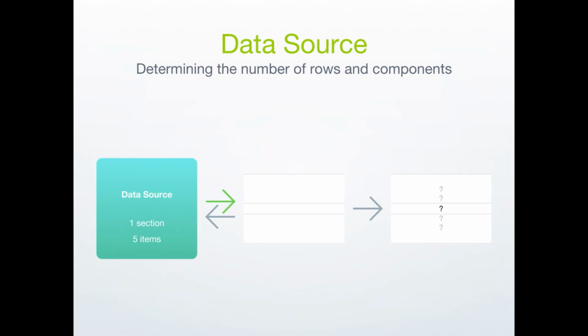So the first thing we need to do is provide a data source. And a data source is going to say, well, how many sections and items do I have? And that information then gets returned to the picker view. So if our data source says that we have one section and 5 items, we have one section, also called a component, and we have 5 items in that one component. And again, a picker view can have multiple components in it.